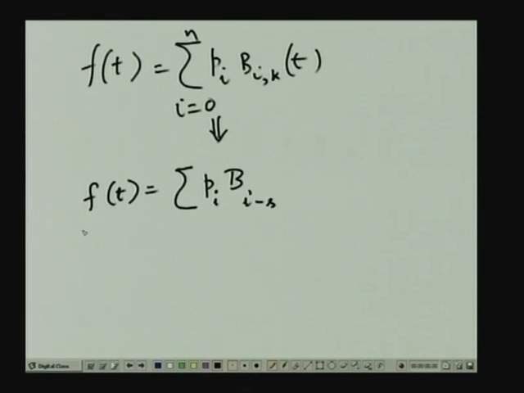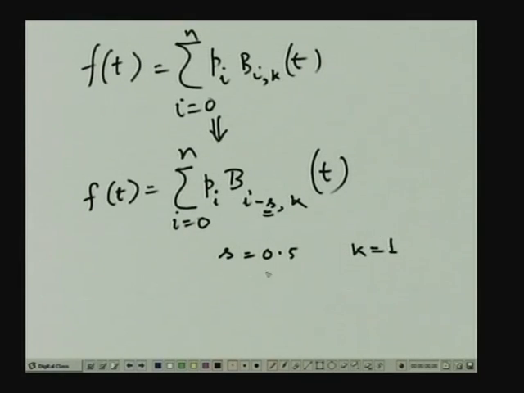So, I will take b I minus s k t, again I will vary from 0 to n, and the value of this shift s will depend upon what is the value of k.